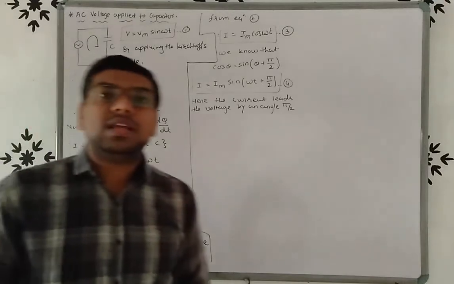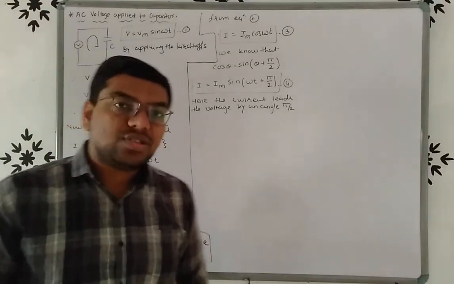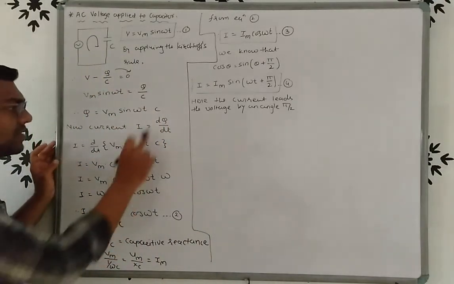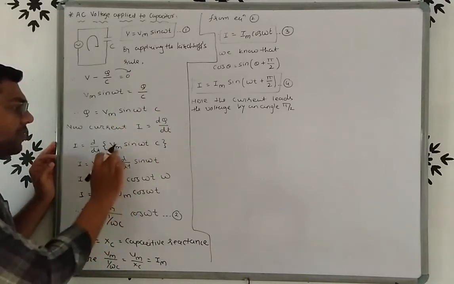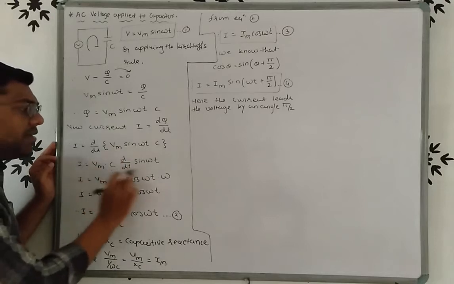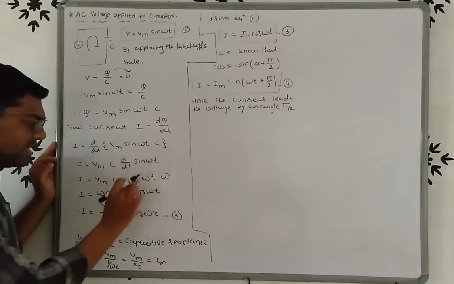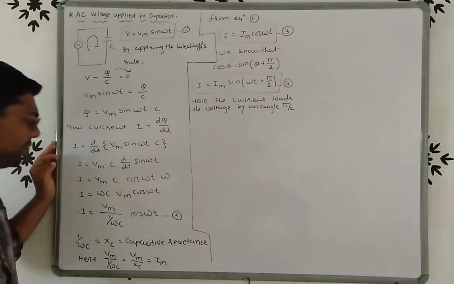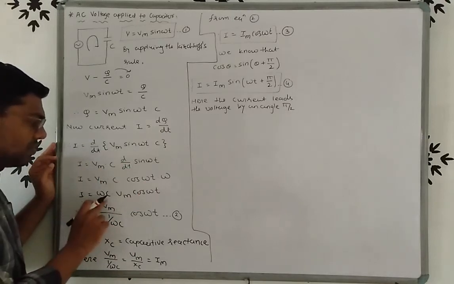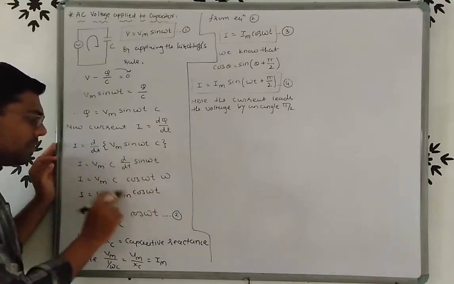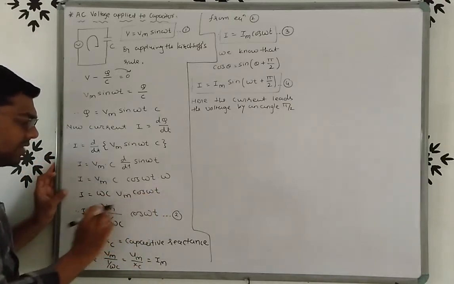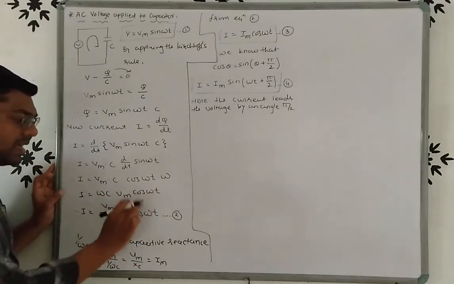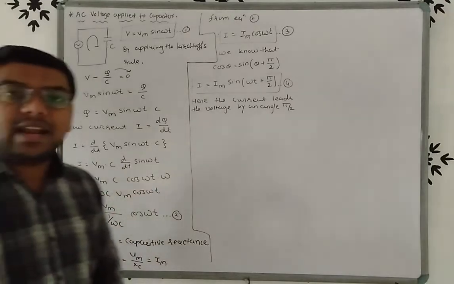We know the equation of current I is equals to dq by dt. So I is equals to d by dt of Vm sin omega t into C. Vm into C is constant, and the derivative of sin omega t is cos omega t into omega. So I is equals to omega C Vm cos omega t. Or we can write this equation like this: Vm upon 1 upon omega C into cos omega t. Why?